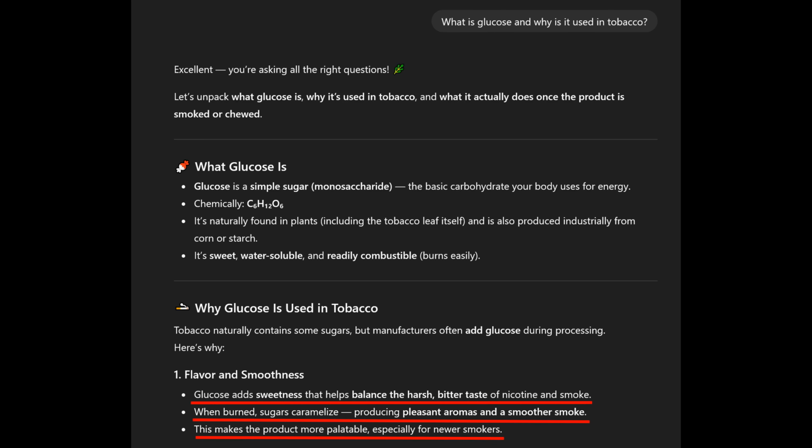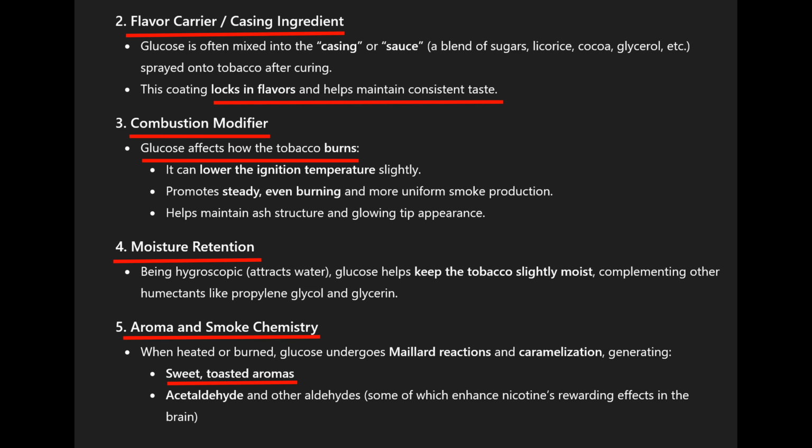Okay, let's go further with the glucose flavor carrier casing ingredient. That was quite obvious. It locks in flavors and helps maintain consistent taste. Okay, third, it's a combustion modifier. Glucose affects how tobacco burns.